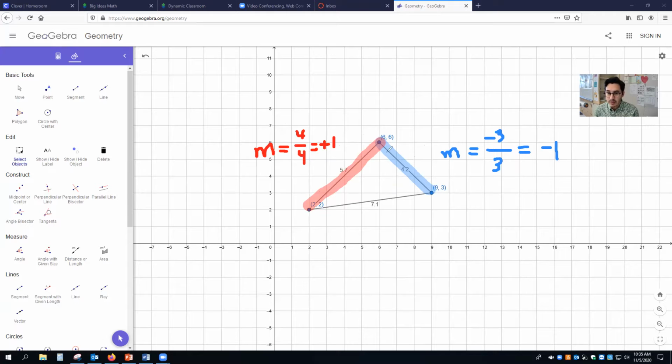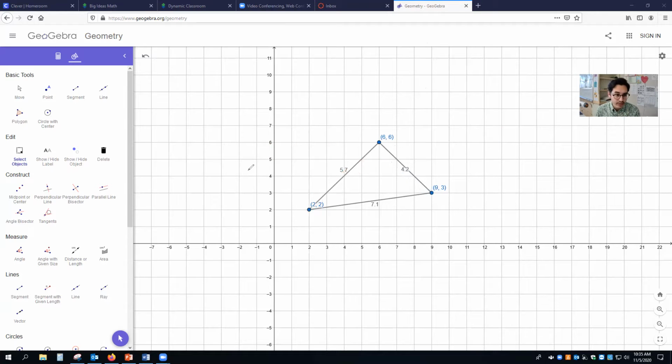So these two slopes, right, they're opposites. One is positive, one is negative. They're reciprocals. The reciprocal of 1 is just 1. Right, so these two slopes are opposite reciprocals. That means that this is a 90-degree angle. Okay. All right. So yes, this is a right triangle.